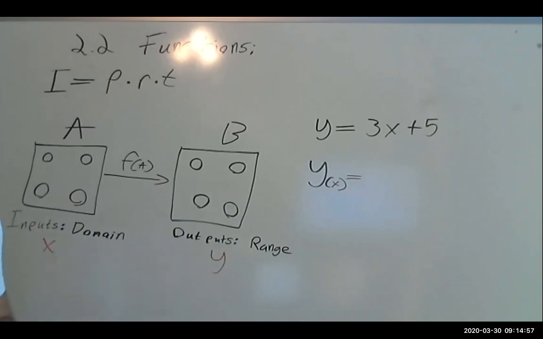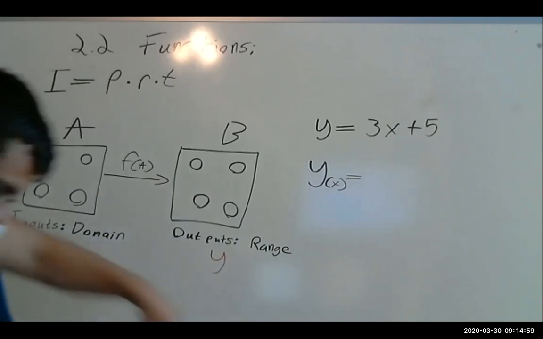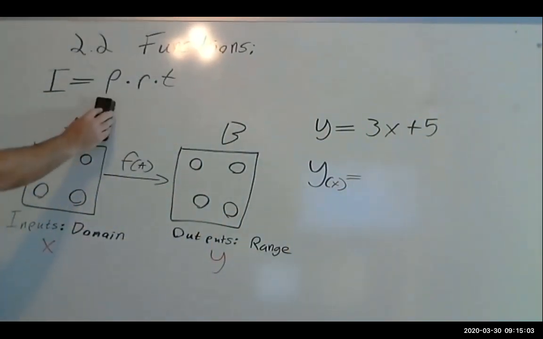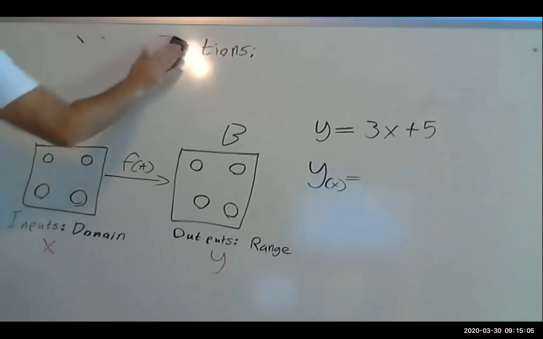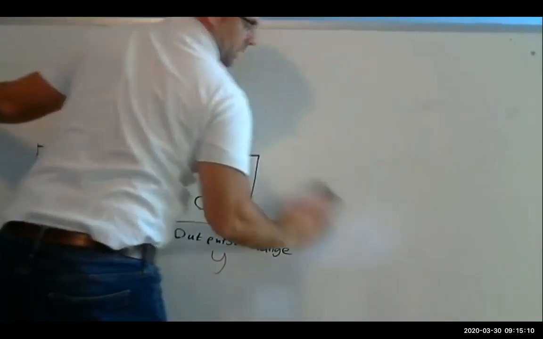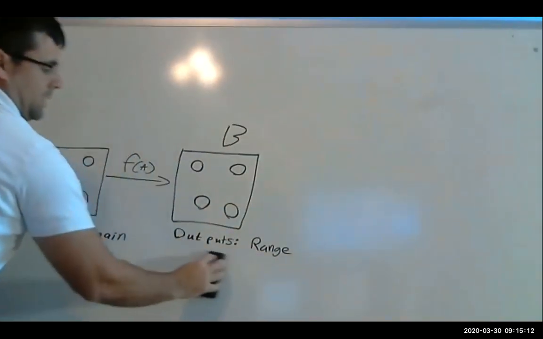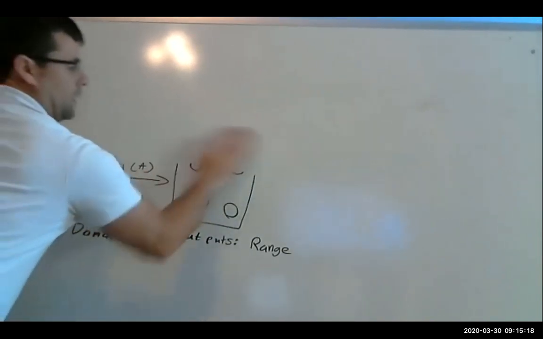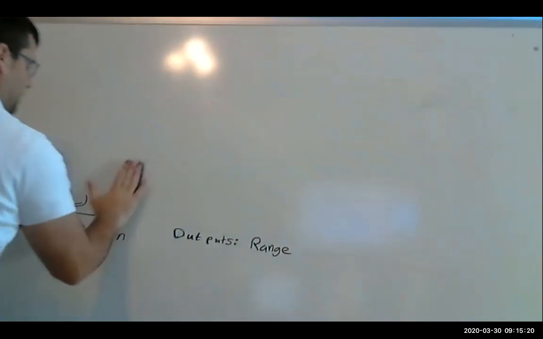So one of the examples that they give is the temperature outside as a function of the time of day.